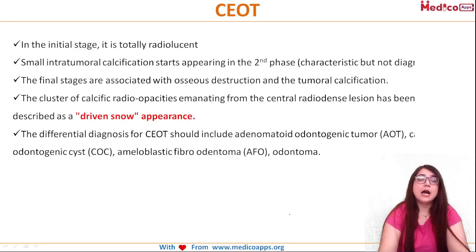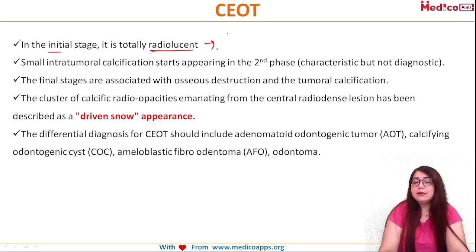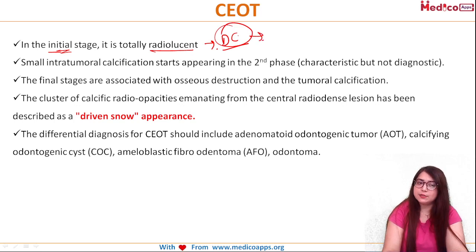Now apart from this, the other radiographic findings: first of all, it starts with the initial stage of radiolucency. At this stage you can even confuse it with a dentigerous cyst, since it includes the impacted tooth as well. This is the initial stage, so you can often confuse it with a dentigerous cyst.